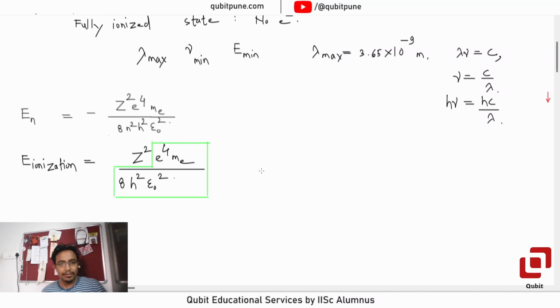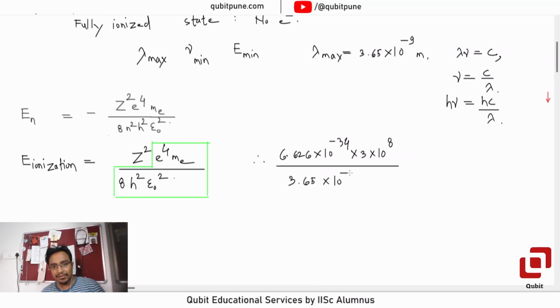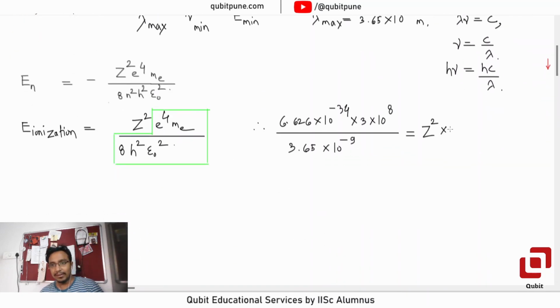Therefore, 6.626 into 10 raised to negative 34 into 3 into 10 raised to 8 upon 3.65 into 10 raised to negative 9, that is hc by lambda, that is ionization energy, equal to Z squared into, now that is 13.6, but that is in electron volts, so we must multiply it by 1.6 into 10 raised to negative 19.